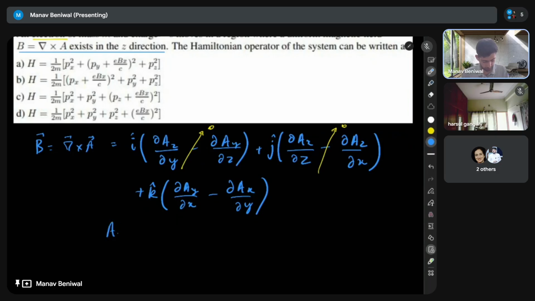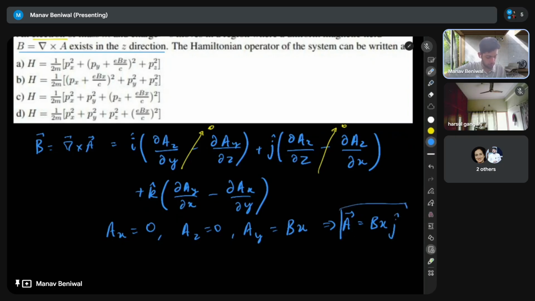If I have my Ax as 0, my Az as 0, and my Ay as some b times x, such that my vector A is b x j cap.